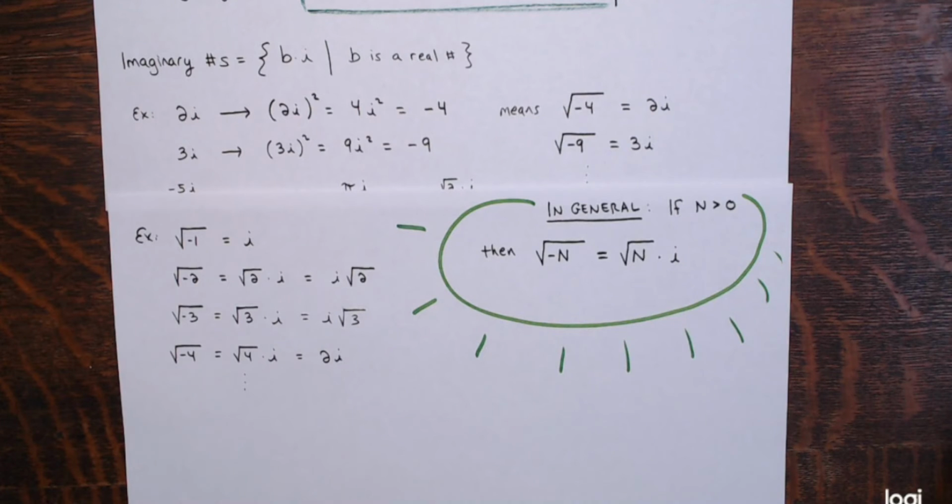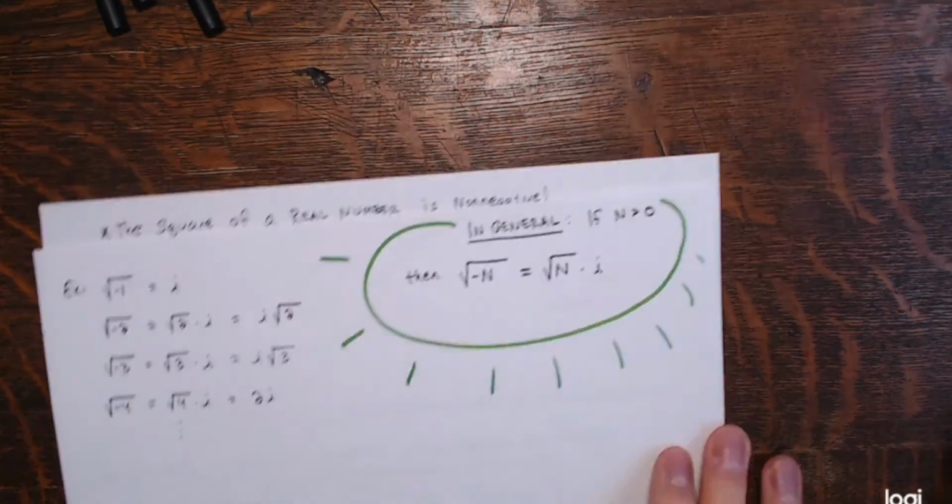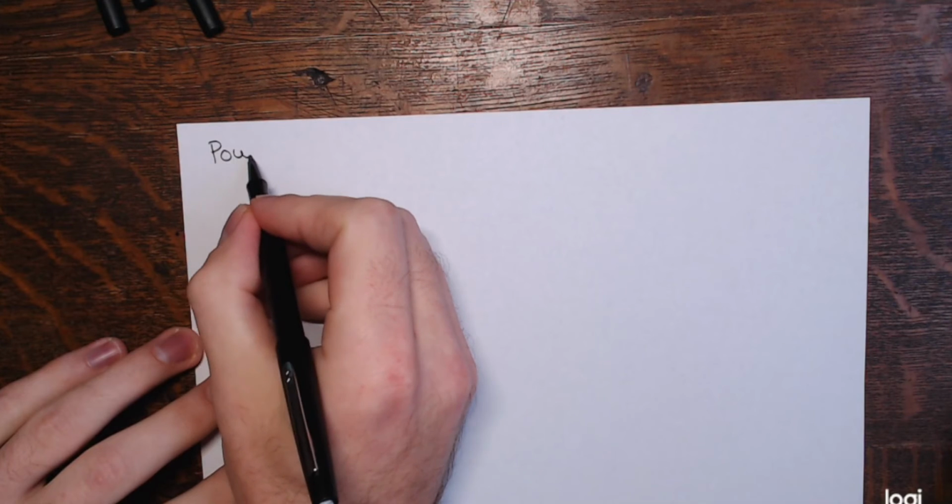All right, so that actually takes care of one objective. The other objective is on powers of i. So I want to talk about that now too, and then finally get back into the question that we're being asked in the assignment. All right, so now powers of i.